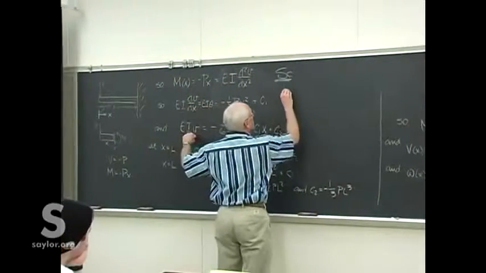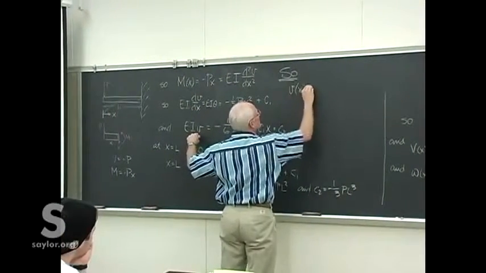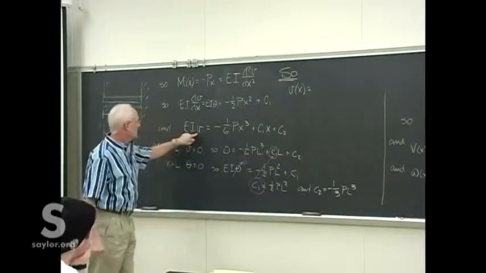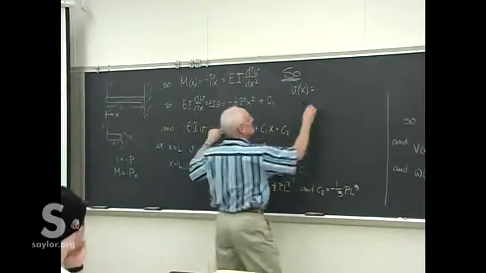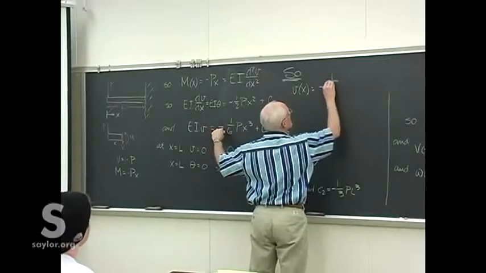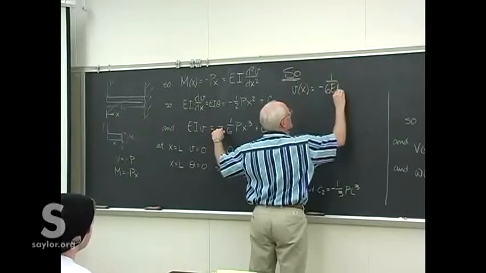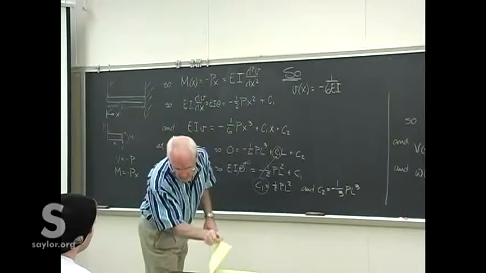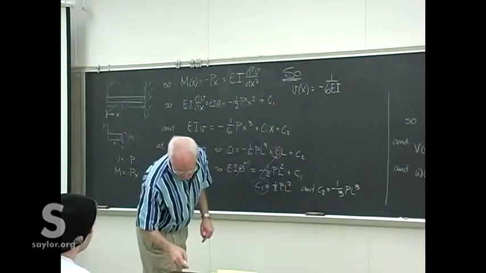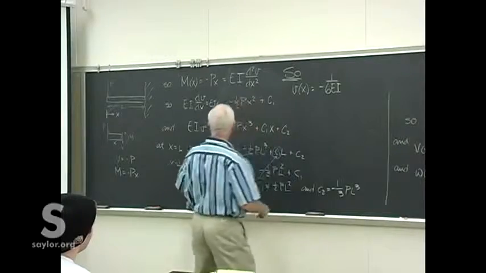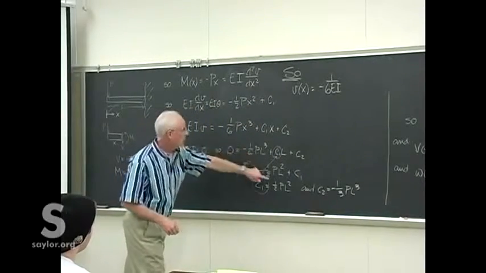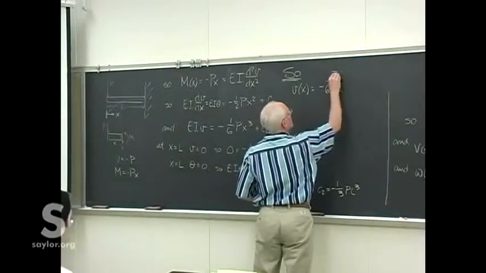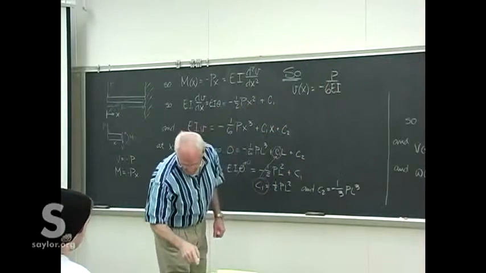So the curve as a function of x equals minus 1/6 EI. Actually, I think I can clean it up a little bit. Every term will have a P in it, so I'll pull a P out as well.